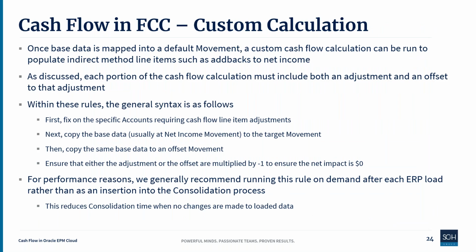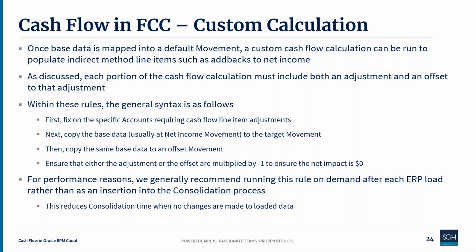Once you follow all those rules, you then get to our custom calculations. Like we discussed, base data will be mapped to a single default movement, but our calculations can populate indirect methods, usually your add backs to net income. Each portion of that calculation must include an adjustment and an offset, so that the total balance only shows up once. Generally, our syntax is going to look pretty similar between each of these rules.